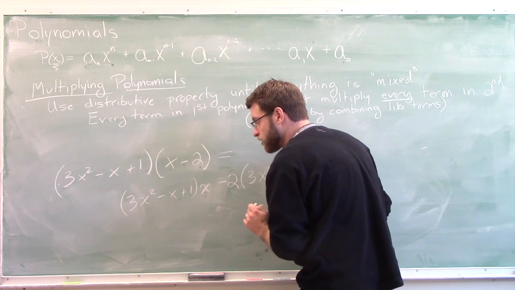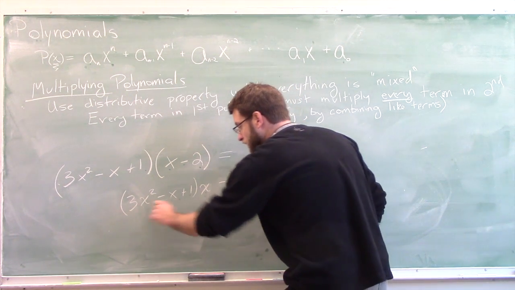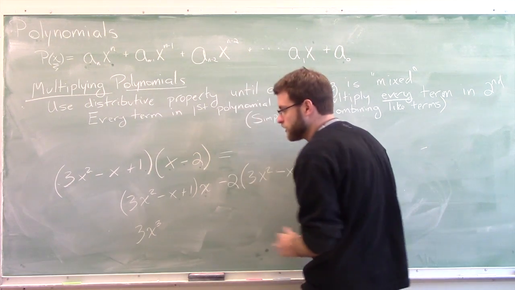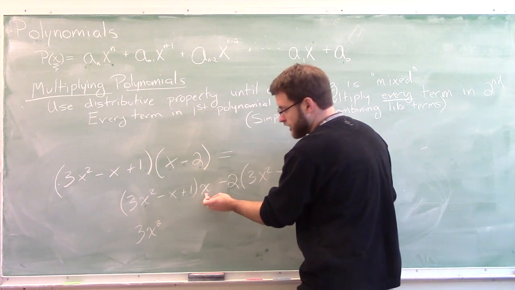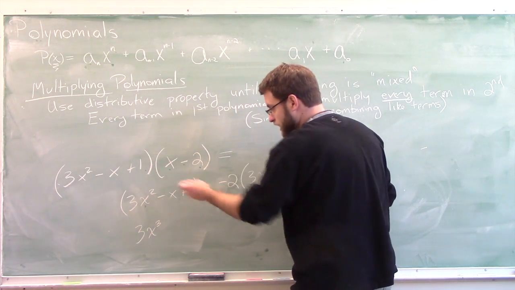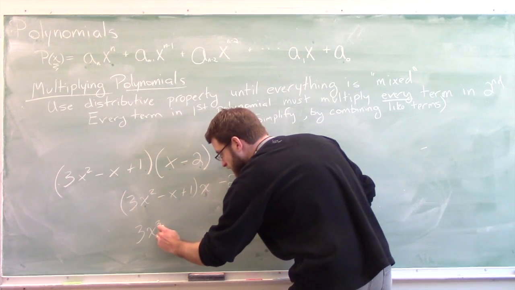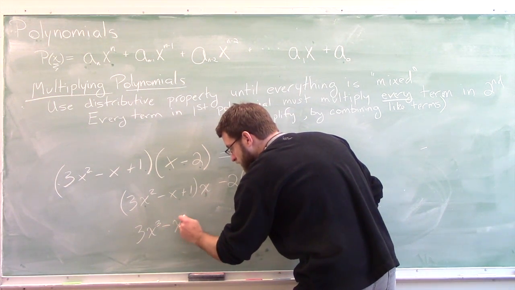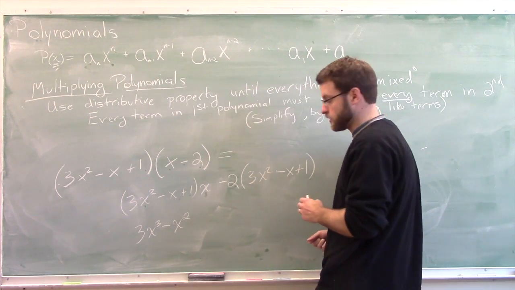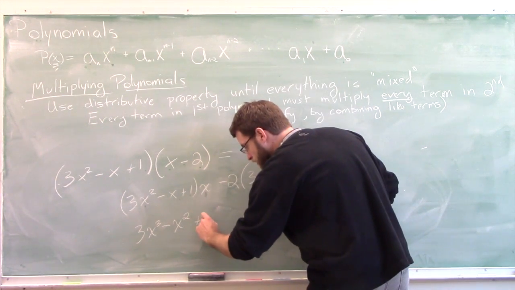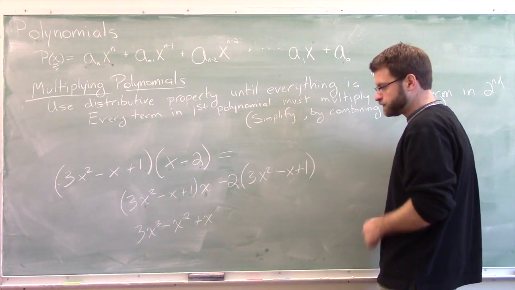The x's combine, and we get 3x cubed. We had x squared here and another power of x, so we add the exponents to give us an x cubed term. Multiplying the x times negative x gives us negative x squared. And then finally, x times 1 gives us plus x.